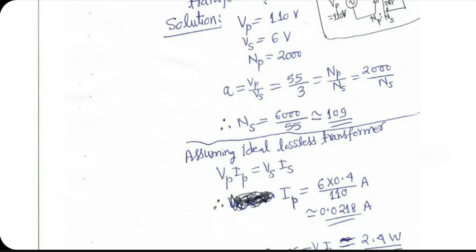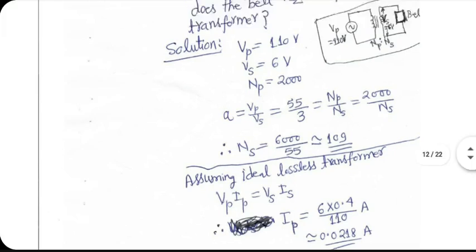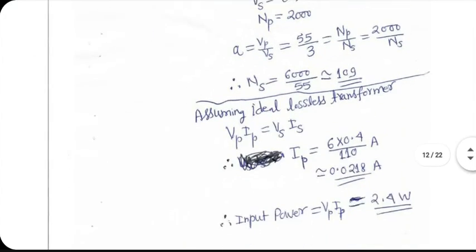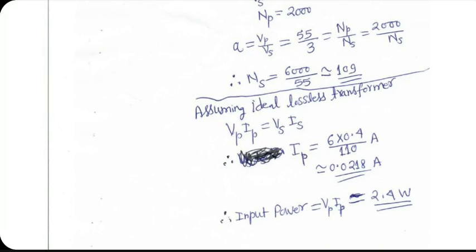Now we will assume an ideal lossless transformer. So VP IP equals VS IS. From here it's easy to figure out IP. IS is known as 0.4 ampere, 400 milliampere. VS is also known as 6 volts. VP is known as 110 volts.